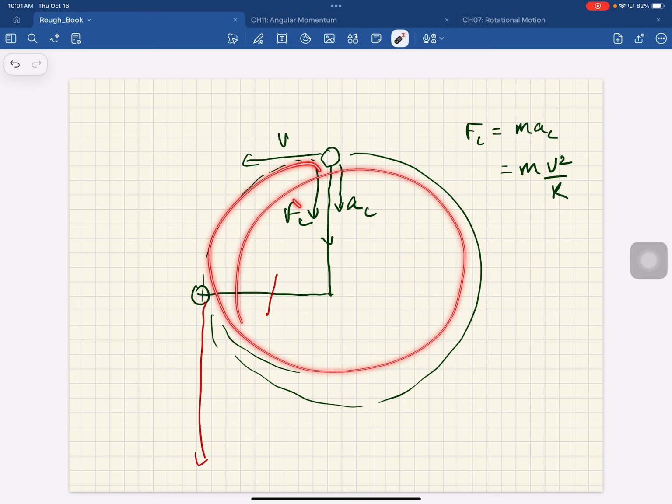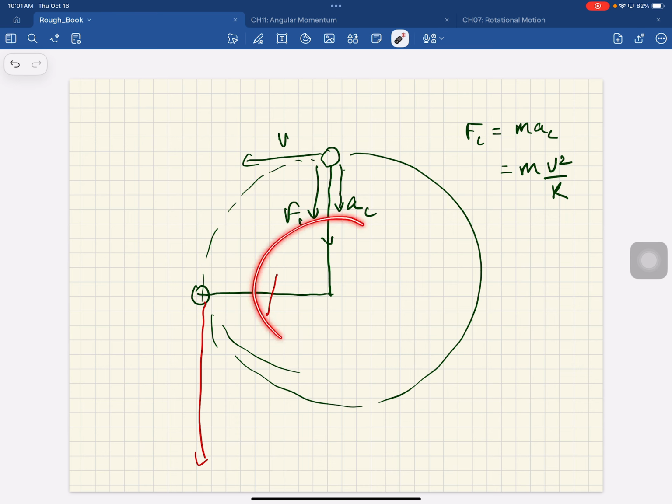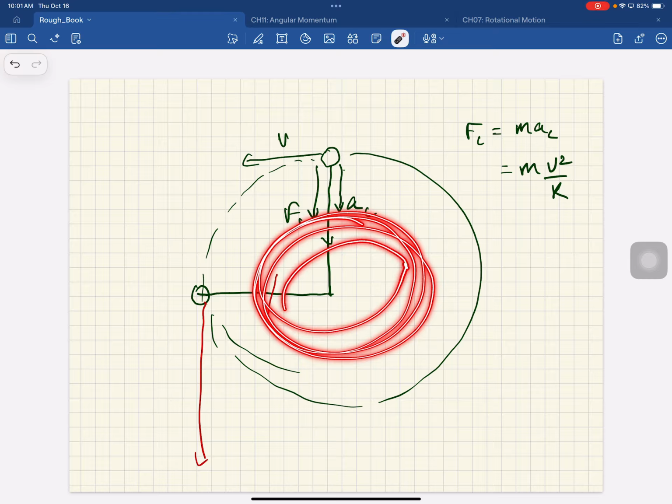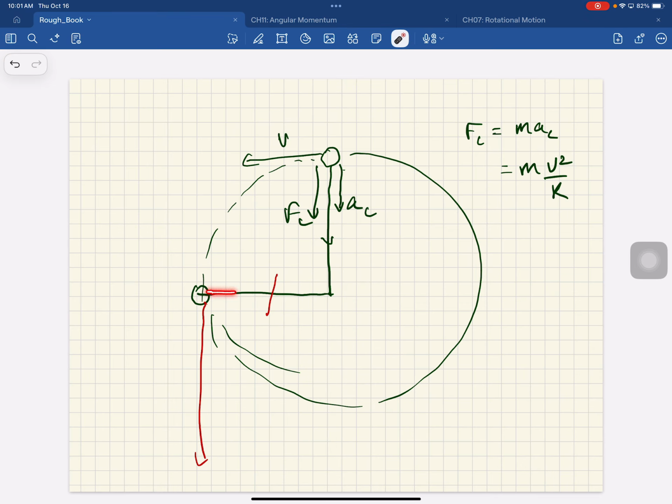What he does is he swings around, he goes faster and faster. As he's spinning faster and faster, the centripetal acceleration is increasing. He's having to pull harder and harder. And so it gets harder and harder to hold on to it.